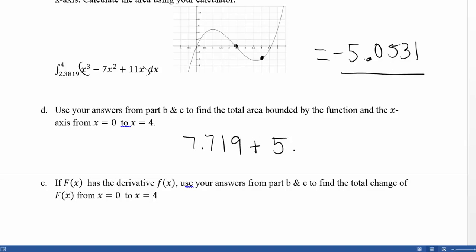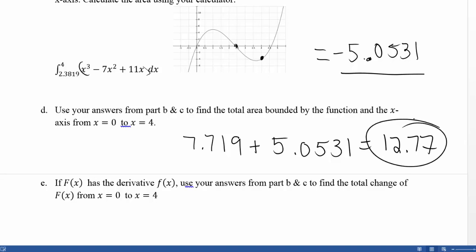And I'm going to count it as positive because here I'm looking for total area. When I add those numbers together, I get approximately 12.77. So the area bounded by the function and the x-axis has a total area of 12.77.